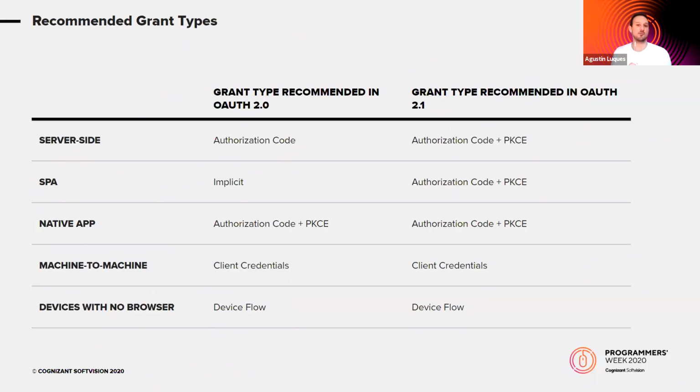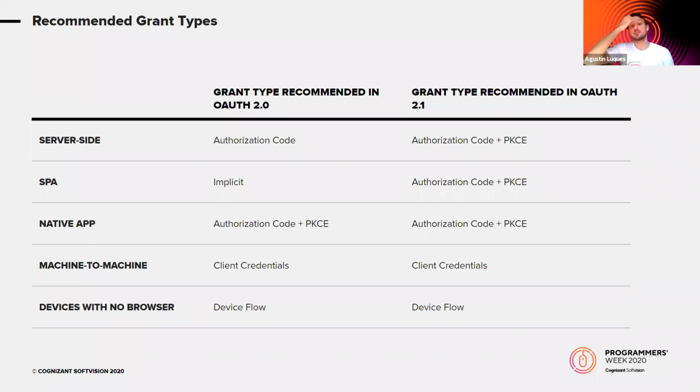I mostly said what are the grant types recommended for each scenario by OAuth, but as you heard, many extensions have appeared since 2012 when OAuth 2.0 was published. So a new protocol that is still in draft mode is consolidating all this stuff, and it has the name OAuth 2.1. It's a completely new protocol.